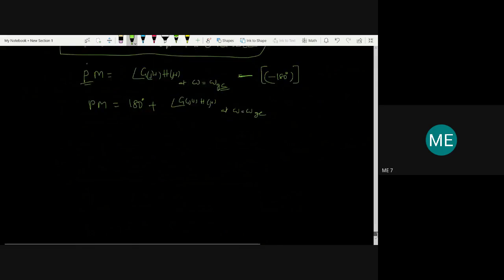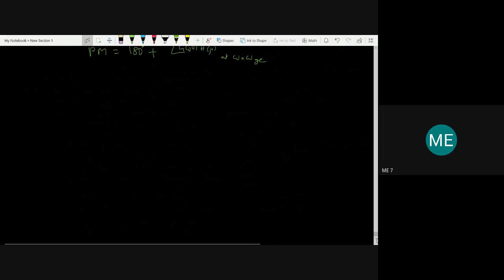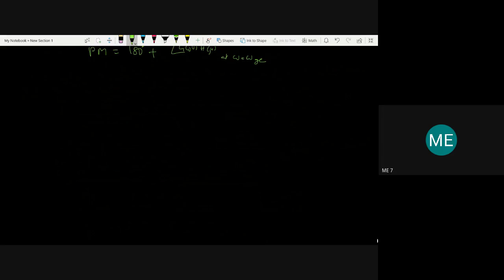Now, the stability based on this gain margin and phase margin, how are we going to draw it? Say, for example, if I draw the plots, this is the 0 dB line, say plus 20, plus 40, plus 60, plus 80, then minus 20.